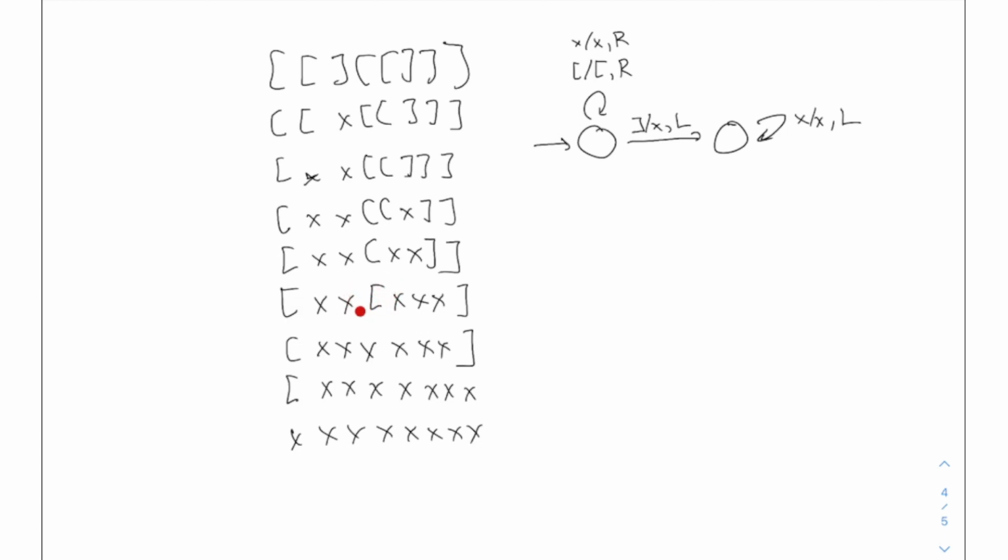And then when you do see a left-hand bracket, you exit, and then you start going back to the right again. Actually, this will work if you just do like that. Left bracket, X, R. Sorry, my drawing.